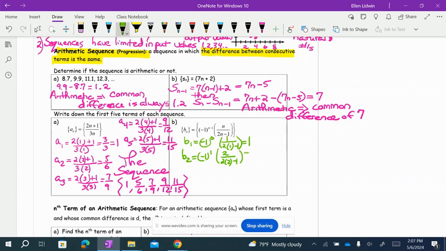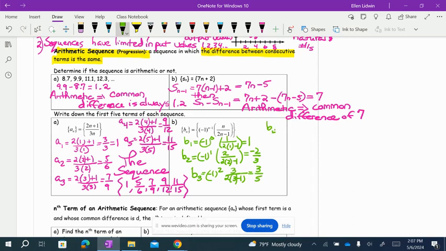So I had negative 2/3. B sub 3, negative 1 squared. And I'm going to have 3 over 2 times 3 minus 1. So that's going to be 3 over 5.